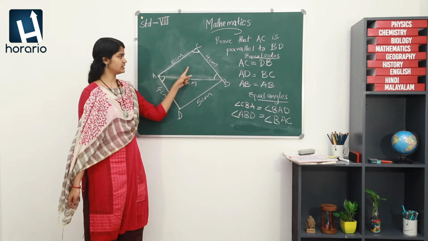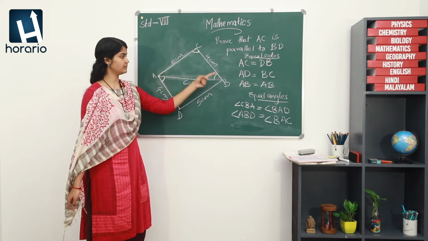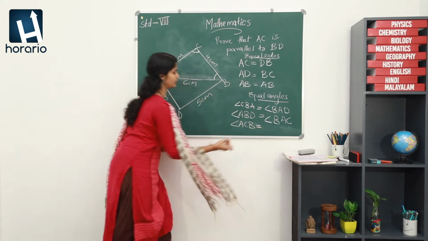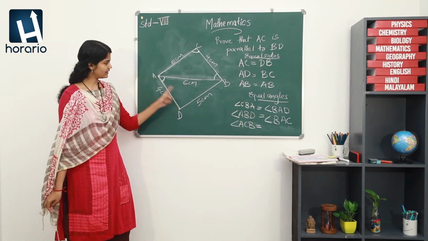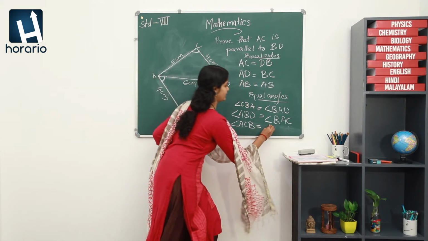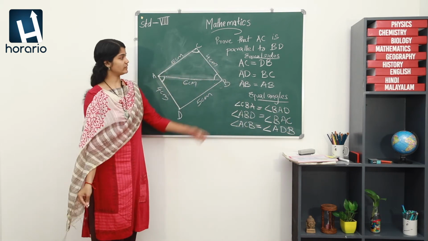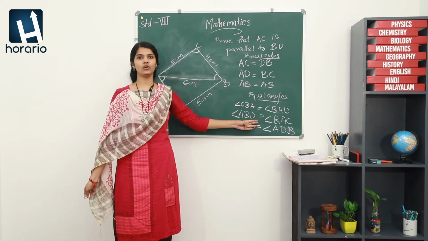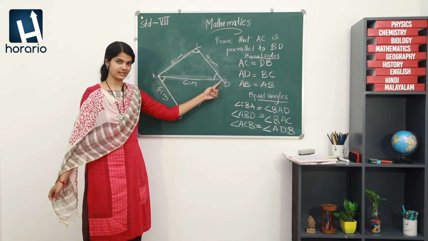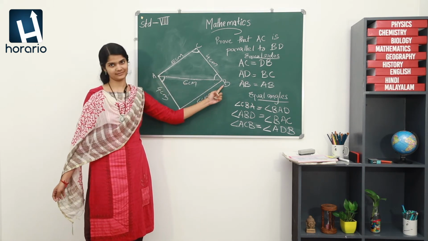Then, in this triangle, AB's opposite angle is ACB. Angle ACB is equal to angle ADB in this triangle. Right? So, we have got equal sides and equal angles. So, we can say that triangle ACB is equal to triangle ADB.